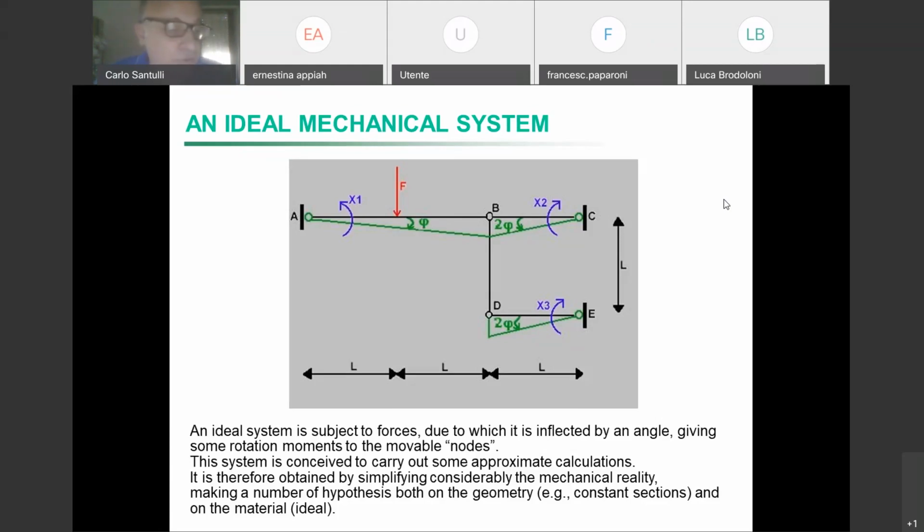If they are able to rotate, of course, we will have a moment there, and otherwise we are going to have moments only in other nodes like B and D, but A, C, and E will be completely blocked, like in this case. And basically, the points A, C, and E are going to be steady, are not going to move.